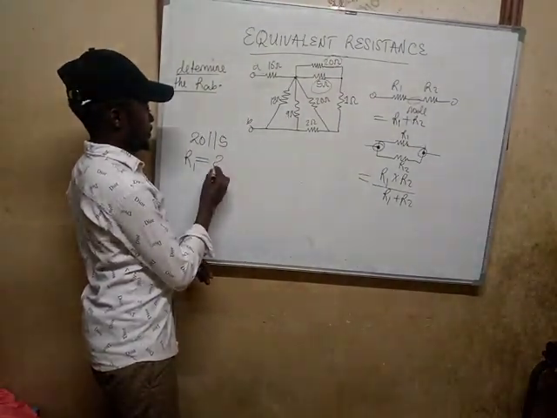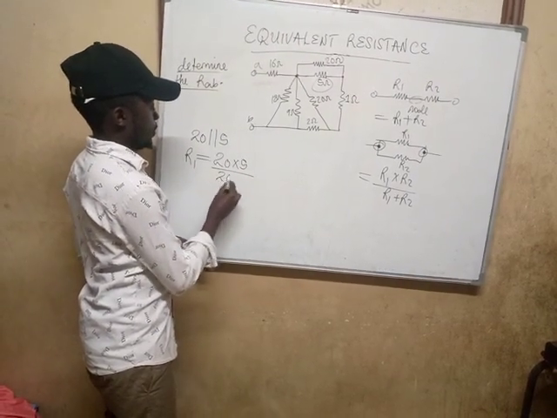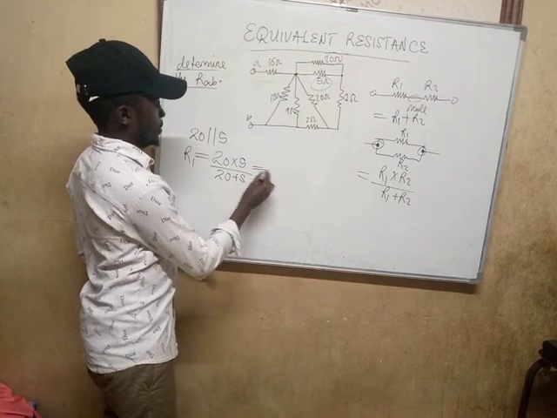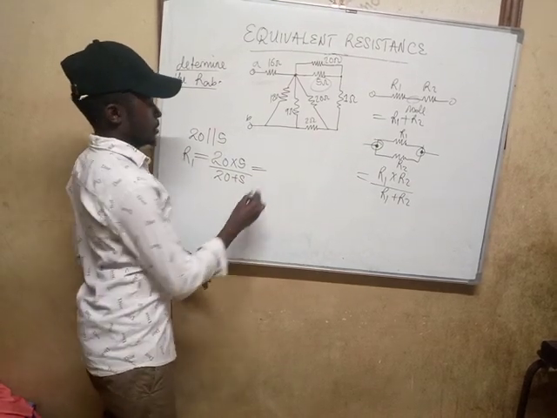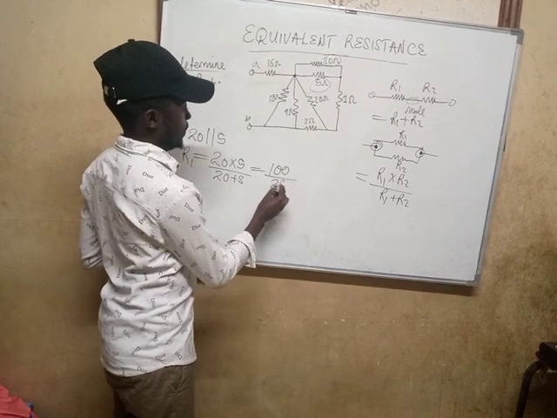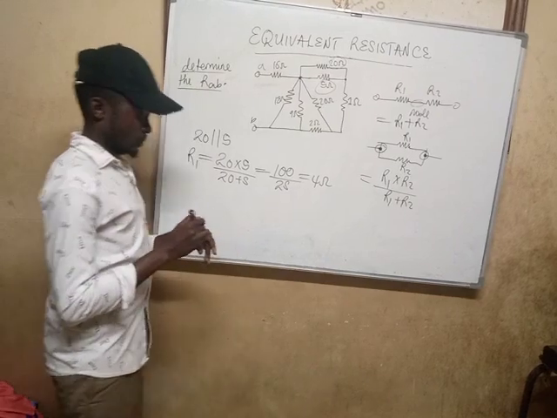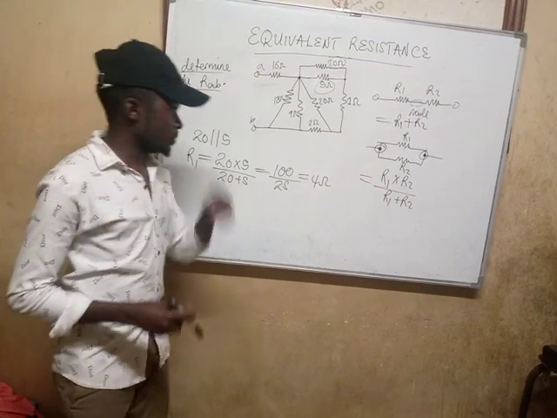So we have 20 times 5 over 20 plus 5. What do we get? We get 100 over 25, which is equivalent to 4 ohms.